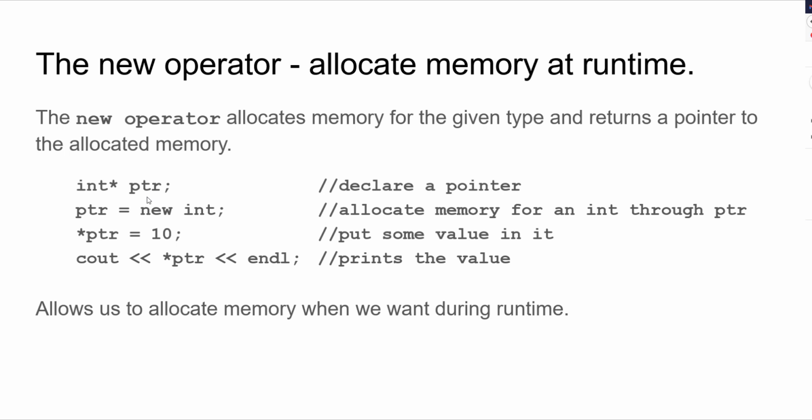The only way to access this new memory that was allocated is through the star ptr. There's no more num associated with this, or x or whatever. You only have ptr, and you allocate memory through ptr, saying ptr equals new int. Notice the syntax. This is all syntax that you just must memorize. Star ptr equals 10 says put a value in the thing that it is pointing to, and output it.